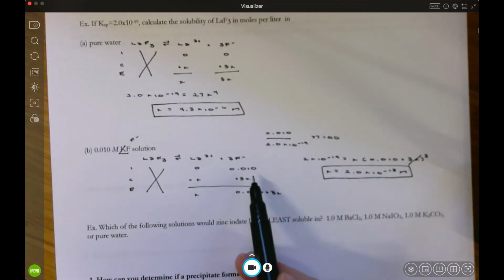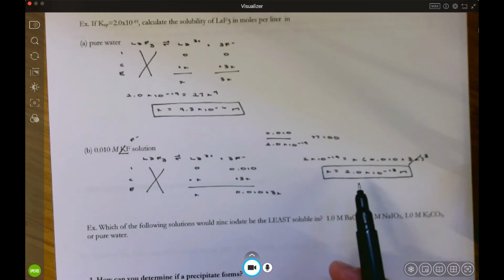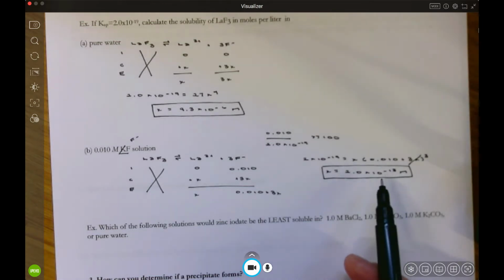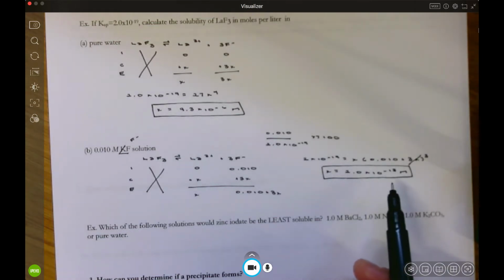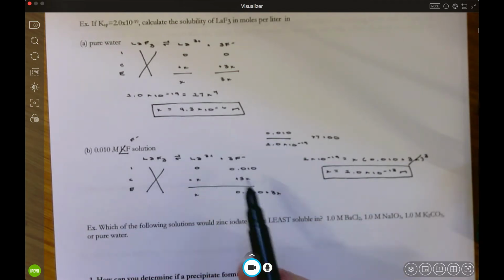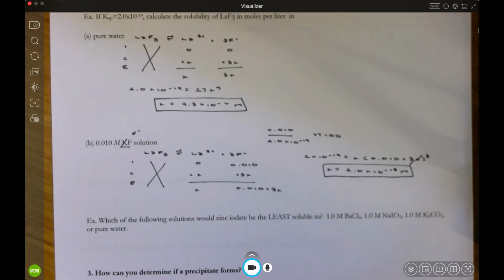When I started with F minus, a common ion, that caused the solubility to decrease from 10 to the negative 6 to 10 to the negative 13th, which means when we're talking about the common ion effect, if you have a common ion, it significantly reduces the solubility. You can see that in the values, right? Because if this is already present, not as much can actually dissolve because you already have some of it present, so it prevents it from being able to dissolve as well.